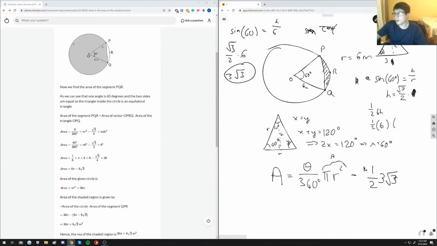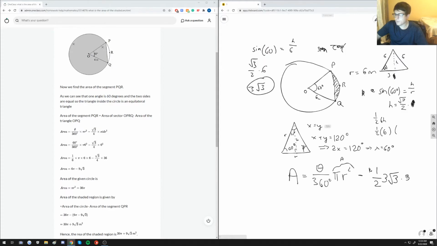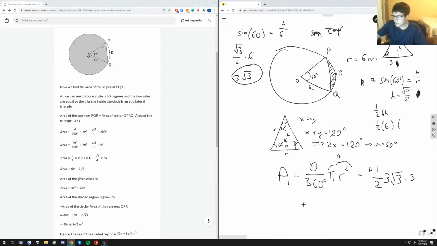So that would be our height times our base. Okay? So evaluating that, we would have 60 degrees over 360 degrees times pi times our radius, which we found to be 6. And then right here we would have a 9/2 root 3.